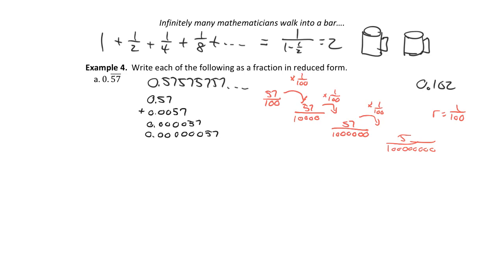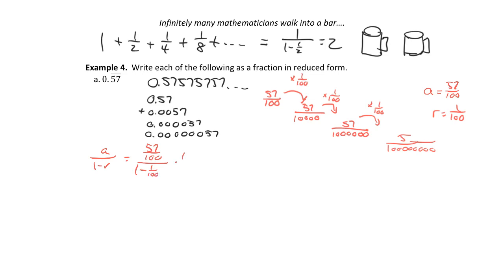Our first term is the 57/100ths. And so the sum should be a over 1 minus r, which is 57/100ths divided by 1 minus 1/100th.